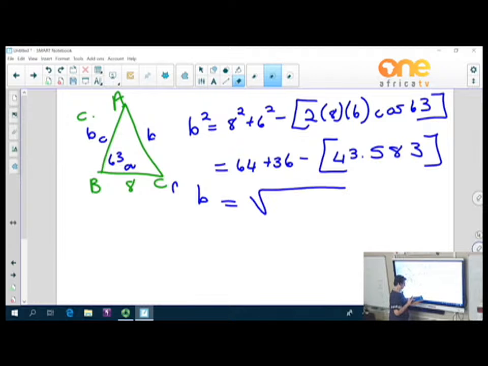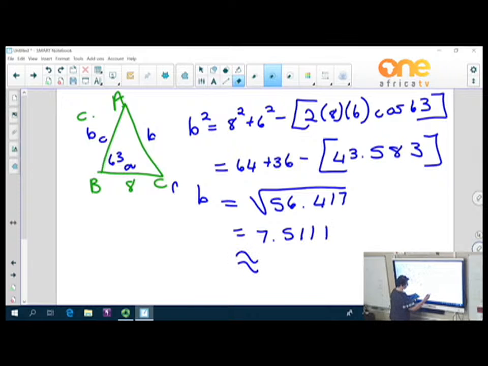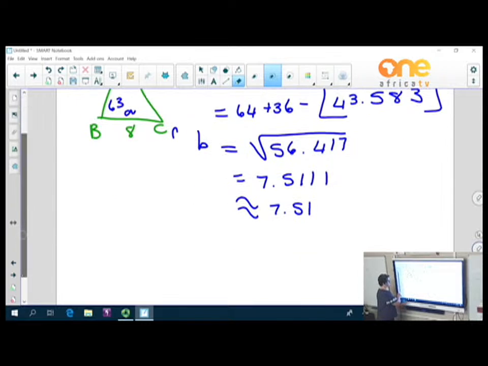So 64 plus 36 is 100 minus 43.583, and I have here 56.417, and now we get the square root of that, and my answer is 7.5111, and I round it off to 3 significant figures, 7.51. Well done if you got it right.